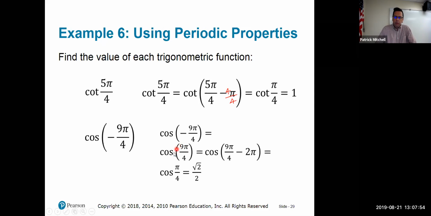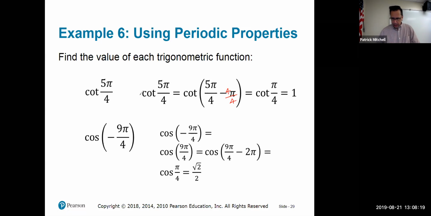All right, now remember that the cosine has a period of 2 pi, which means I can add or subtract multiples of 2 pi to get to an angle that I'm already familiar with. So it just so happens that if I subtract 2 pi and I get a common denominator, which would again be 4.